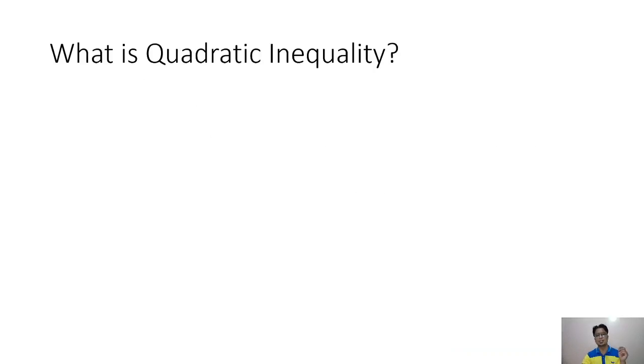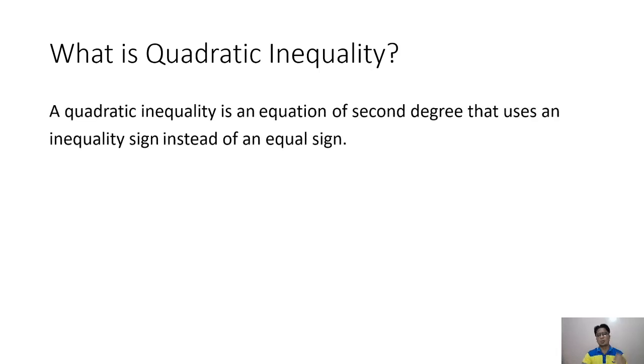First is, tanong muna natin, ano ba yung tinatawag nating quadratic inequality? When we talk about quadratic inequality, it is an equation of second degree that uses an inequality sign instead of an equal sign. Kung mapapansin natin, nakakalito.